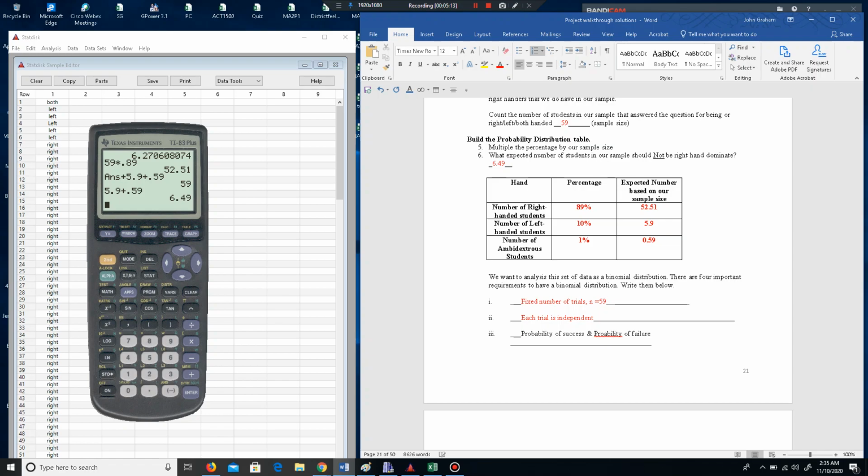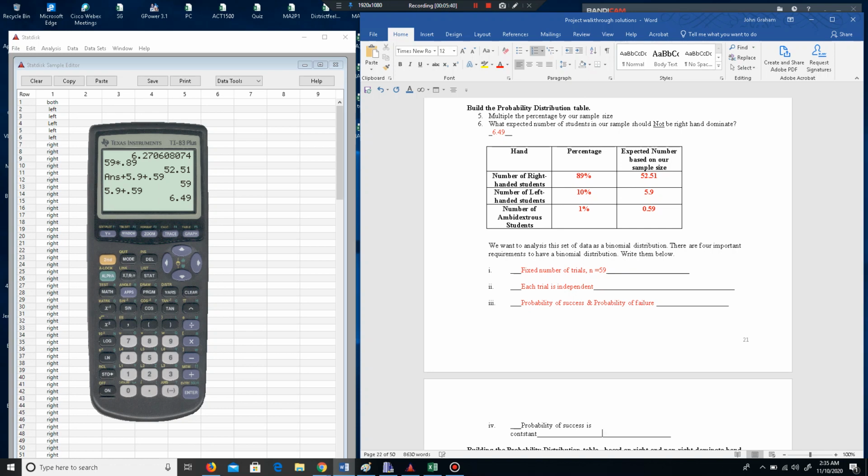And the last one is that our probability of success is constant.